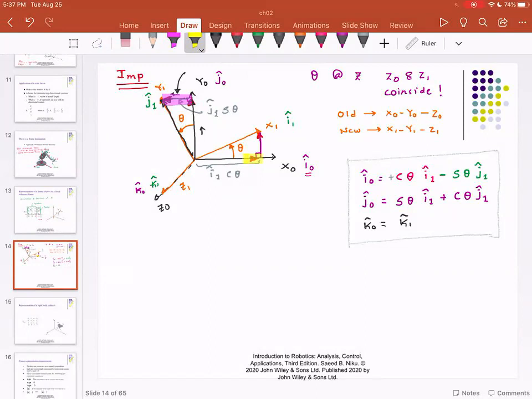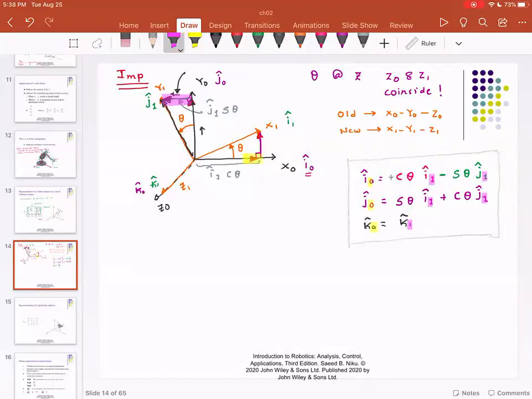So we're using the I1 and J1, but why don't we use the cosine side of the X1? Cosine. So we are interested in finding out the relationship between I0, J0, and K0 with I1, J1, and K1.